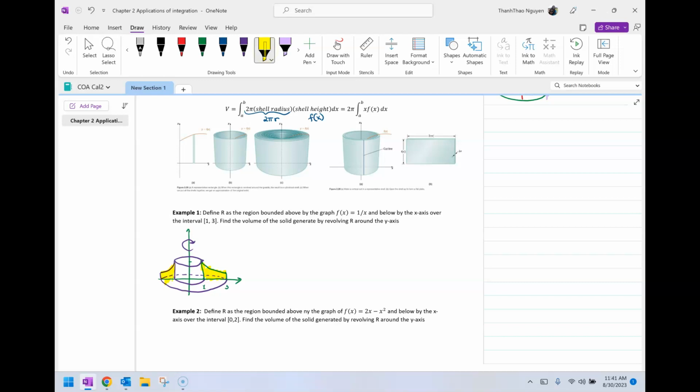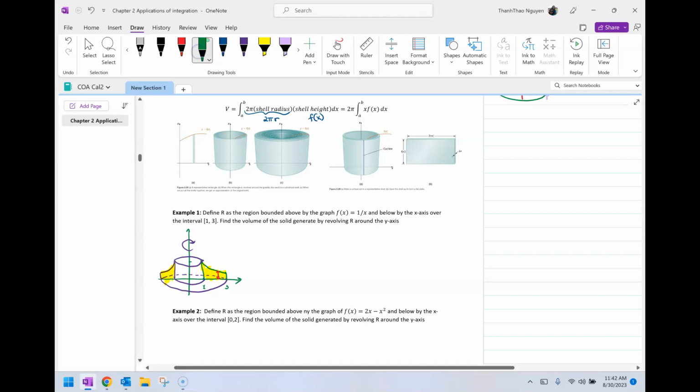So that is the figure that we are calculating the volume of. When we draw this rectangle, we can see that the height of this figure is f of x, and the radius is x, and x varies between 1 and 3.